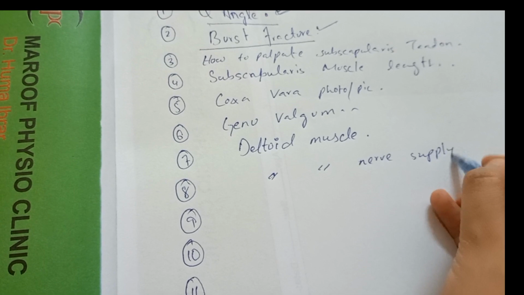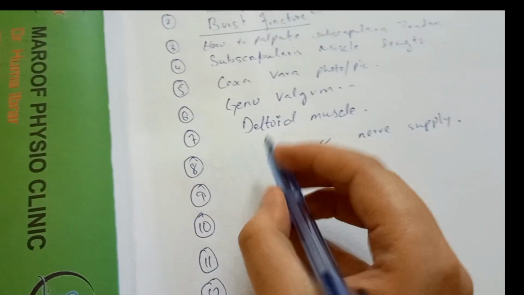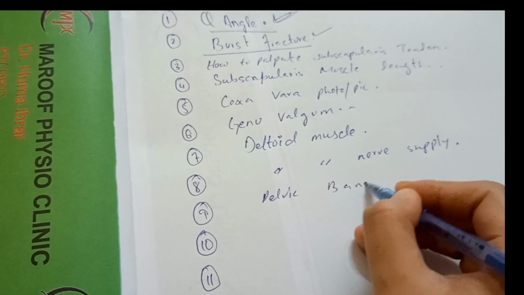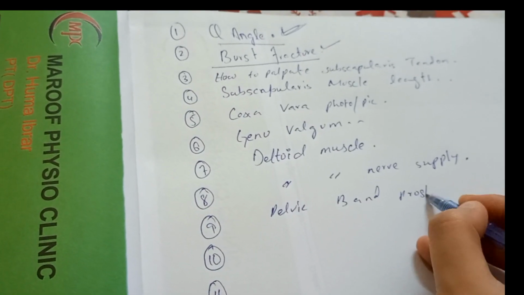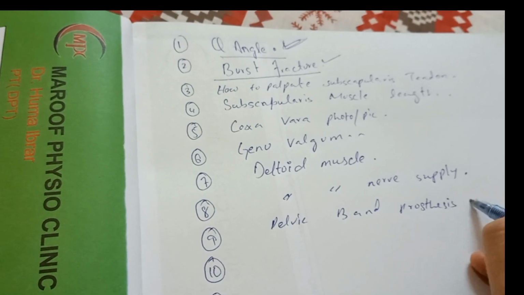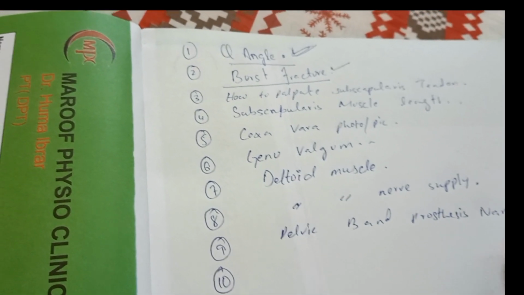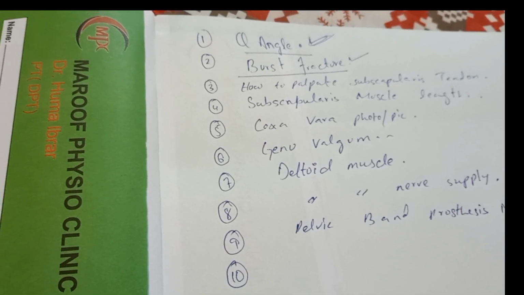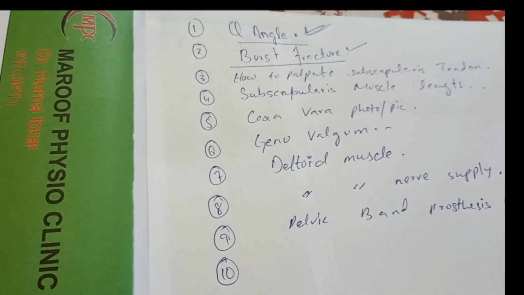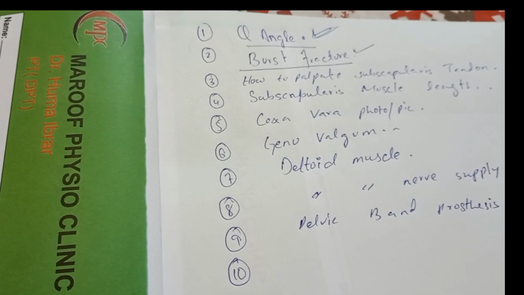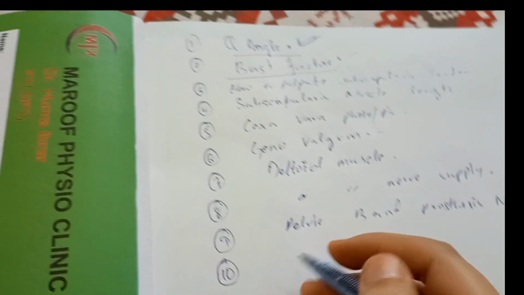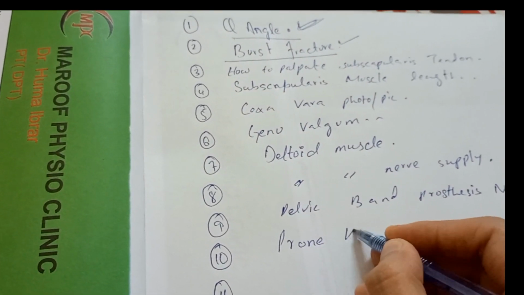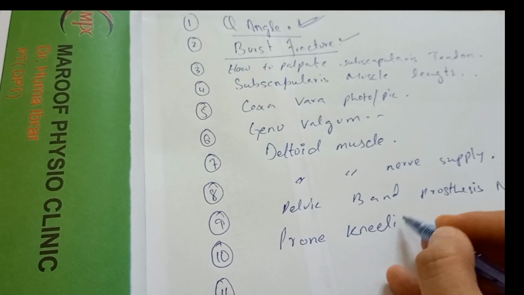You should clear all of these. Then there was a pelvic band prosthesis name, and that was a picture. That was above knee orthosis. Then comes the 10th one, prone kneeling picture.